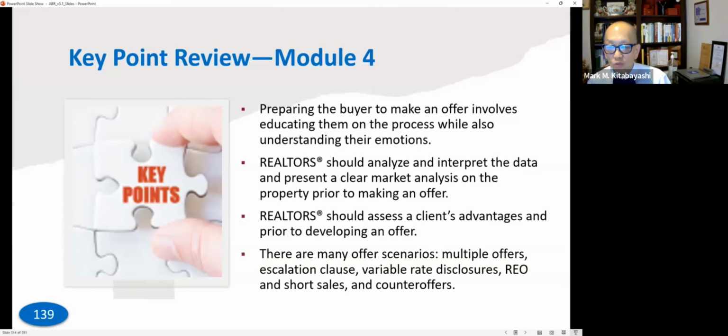And this is module 4. Preparing the buyer to make the best offer you can in a given market is very important. Our job is to explain how it works, the options, and what they have.